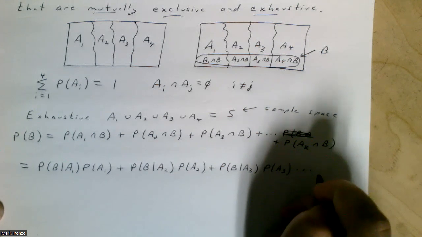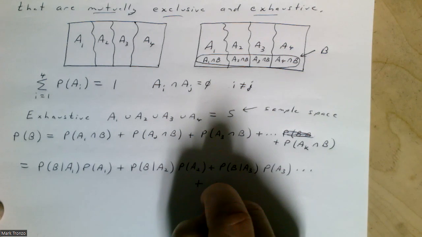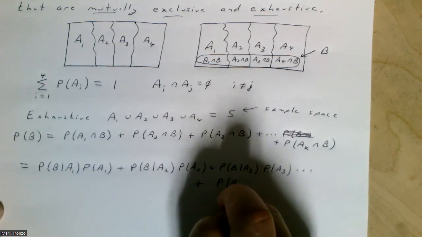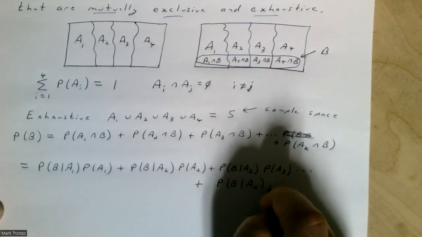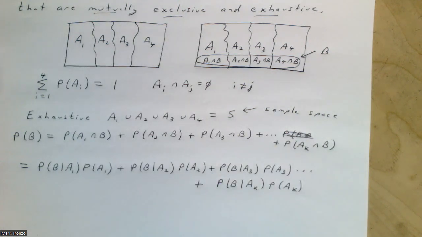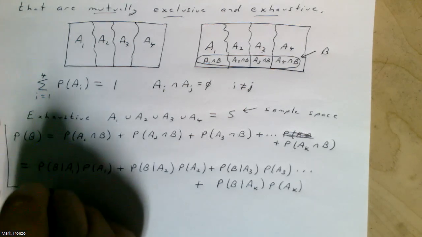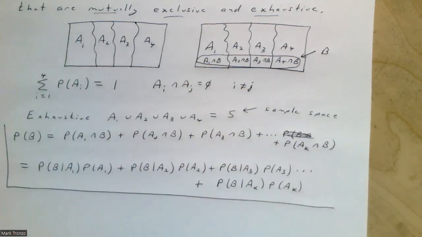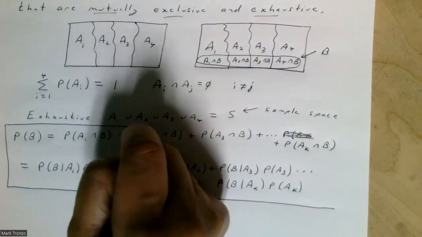And it could go on up to your last one, the probability of B given AK times the probability of AK. And this is sometimes called the total probability rule.